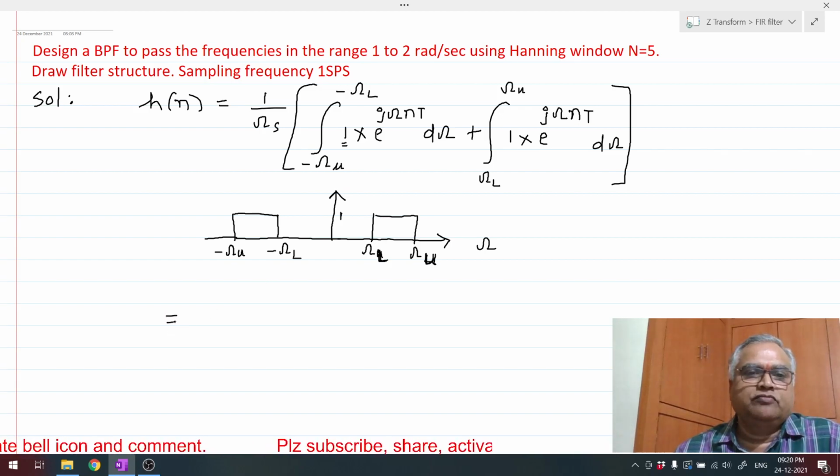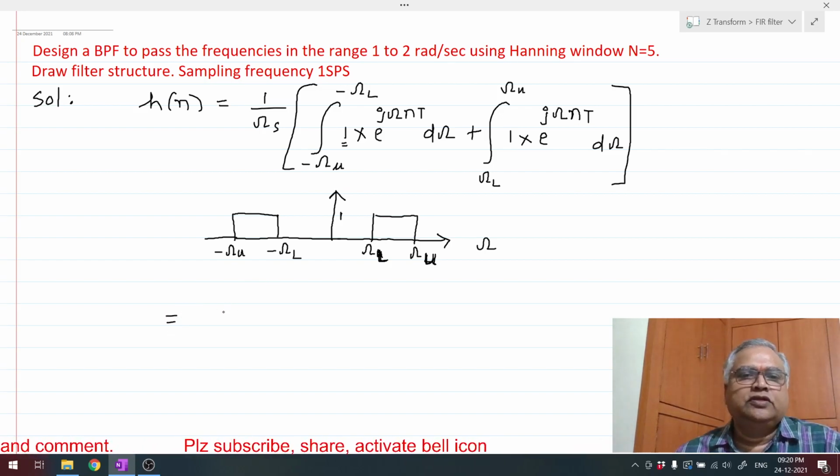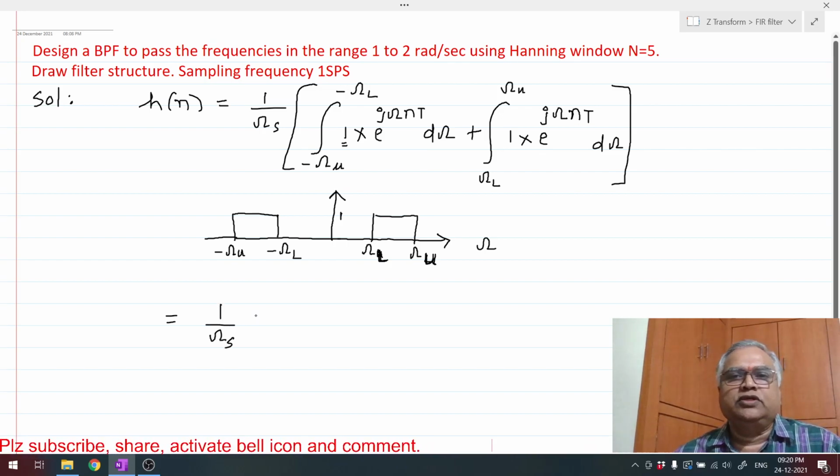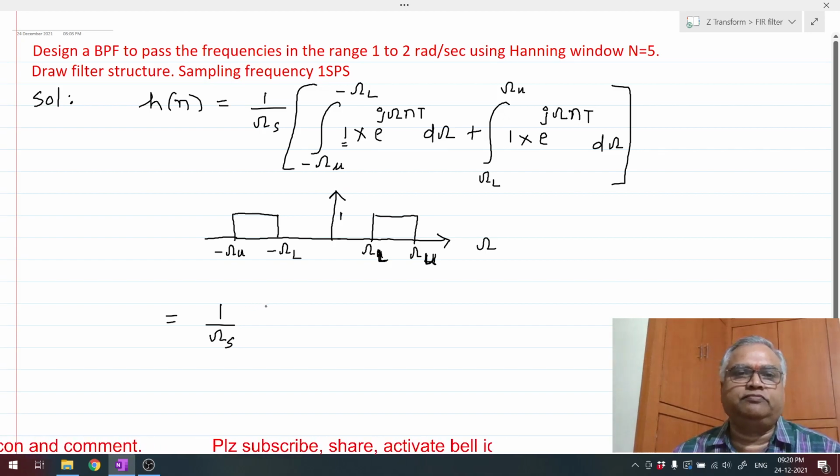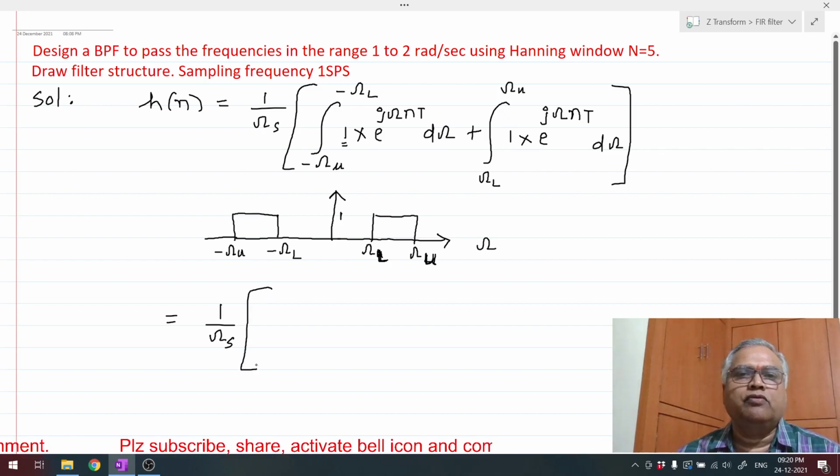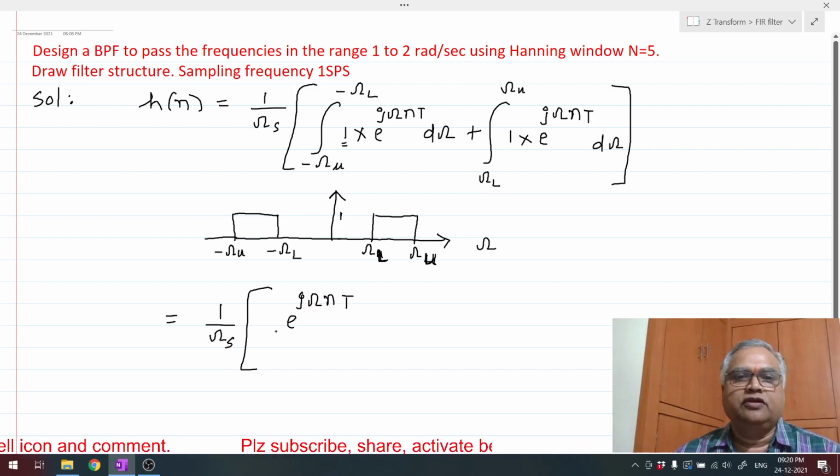So let me derive this. So 1 by 2 pi, because if I give a suddenly ready-made answer, some of the students get confused. So I am doing it fully. So what is the integration here? e power j omega n by jn. What are the limits?